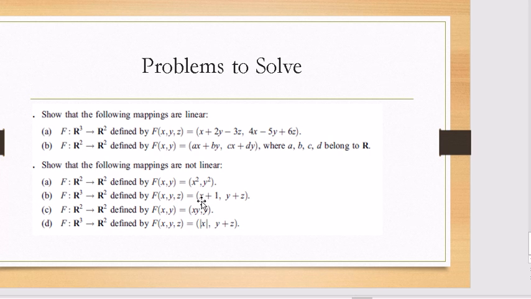Put the values x, y, z equal to 0 here, and you will get the pair (1, 0). So here we see that f of 0 is not the 0 vector of R2. What is the 0 vector of R2? (0, 0). And what is the 0 vector of R3? (0, 0, 0). So in this case, to check that f is not linear is very easy. We simply check that the image of the 0 vector is not 0.